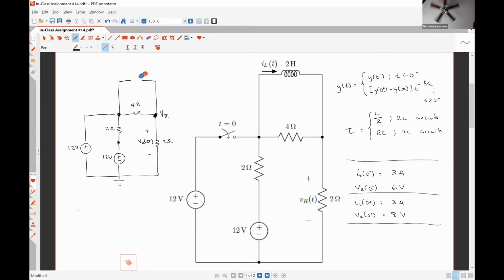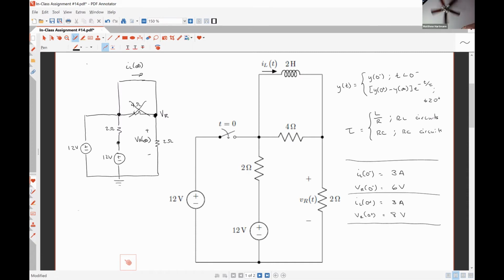Right, the inductor is going to be a short circuit again because at t equals infinity, we are at DC steady state again. So here is our current IL at infinity, here is our voltage VR at infinity, and again, this 4 ohm resistor here gets shorted out.